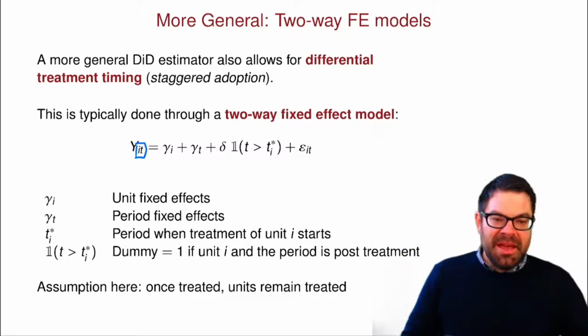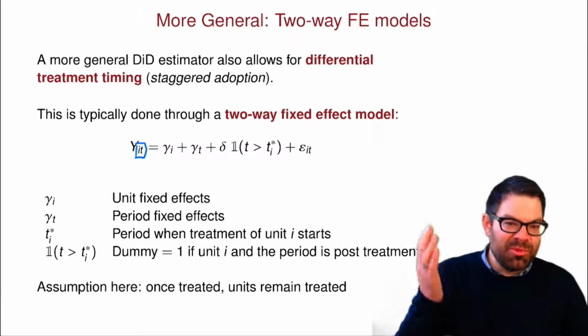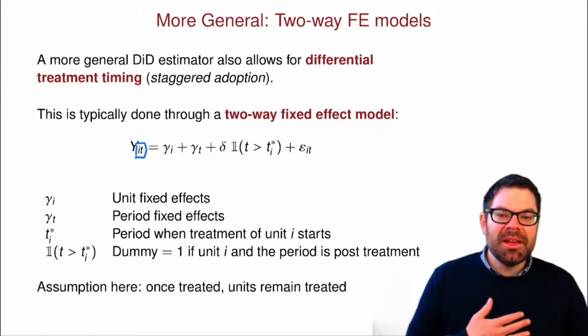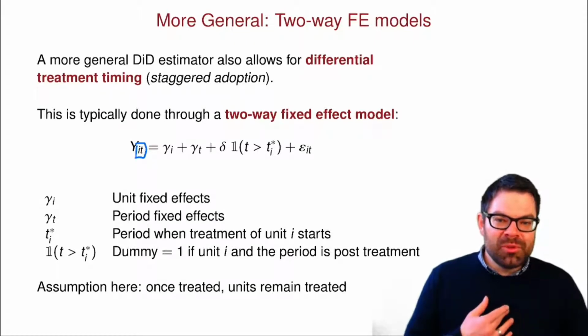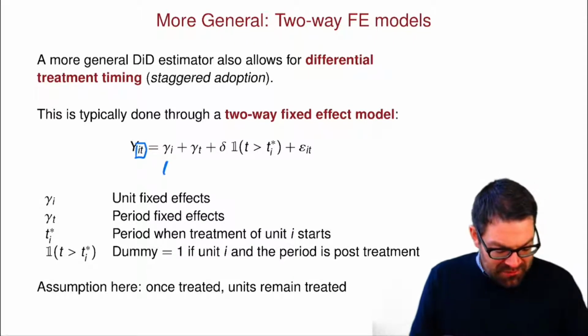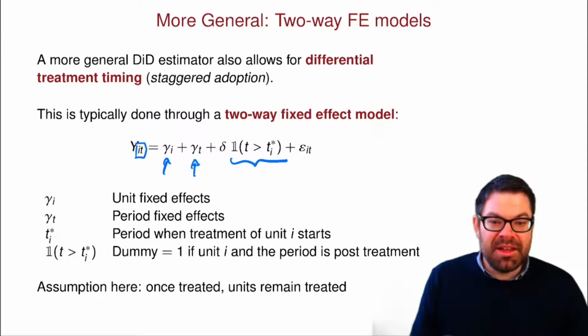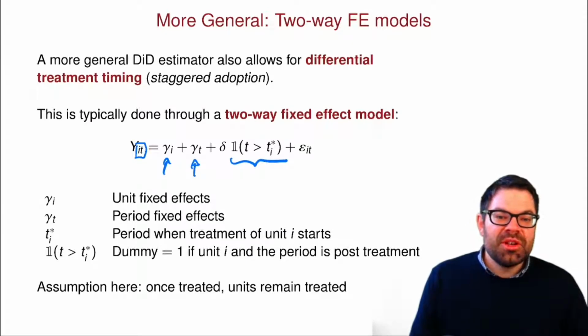Think about a state panel where you see unemployment rates or GDP over many years in the same states. And what we would do here is we would have unit fixed effects, time fixed effects, and then this treatment indicator, which may or may not vary across states.